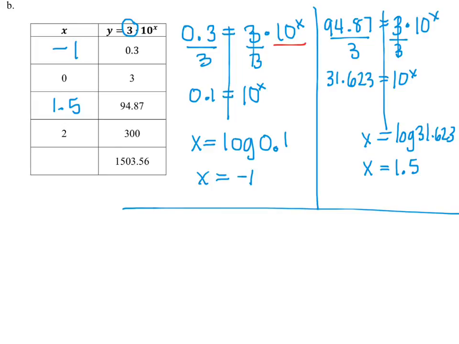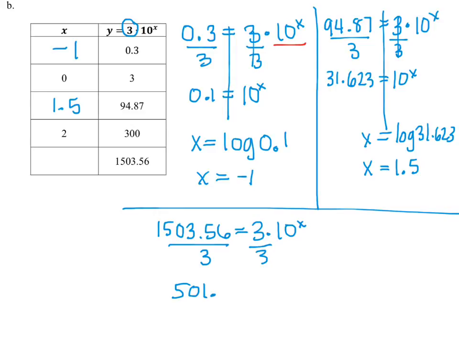The last one that we're going to do is this 1503.56. I'm going to say 1503.56 is equal to 3 times 10 to the x. Divide both sides by 3. I end up with 501.19 is equal to 10 to the x.